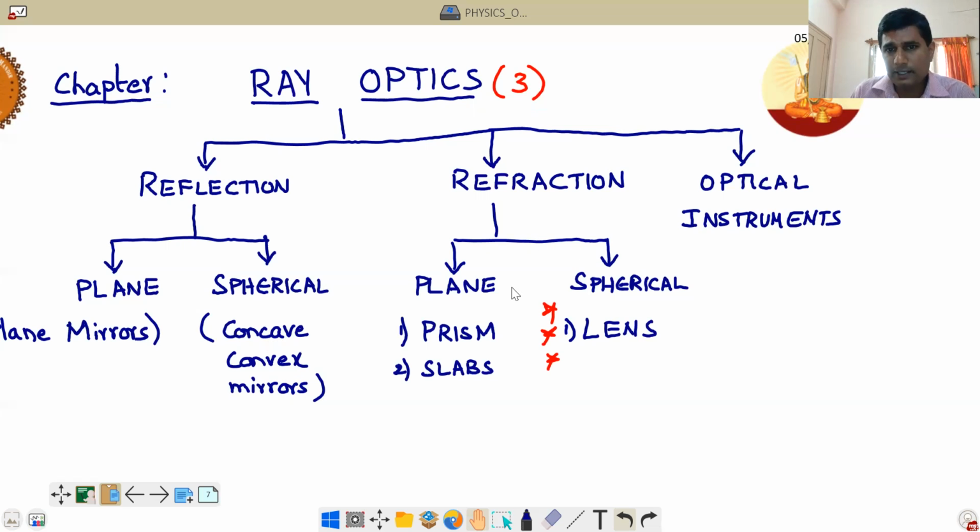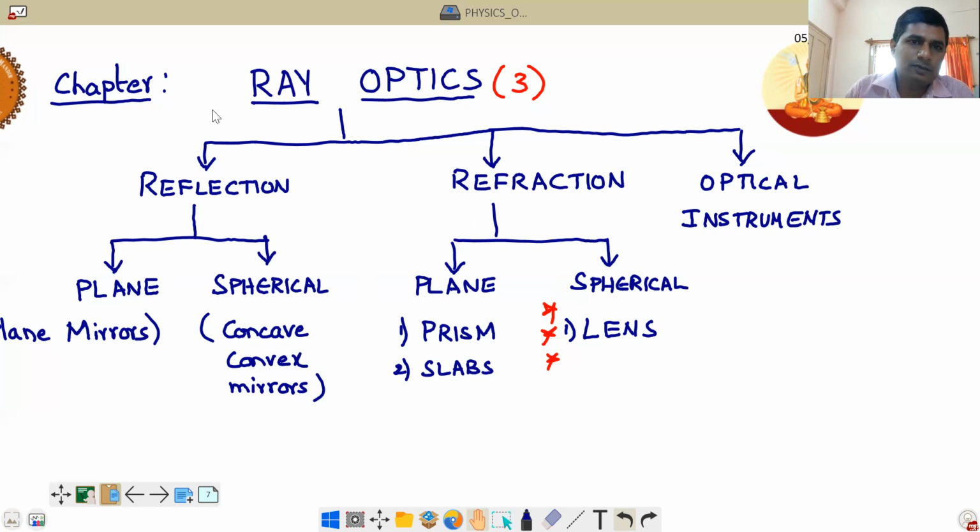Refraction at plane surface means studying refraction phenomena in prisms or slabs, and refraction at spherical surface means lenses. The last one is optical instruments, like simple microscope, compound microscope, astronomical telescope, and terrestrial telescope. So this is the overall view of this chapter. We'll go one by one: first plane mirrors, then spherical mirrors, then prisms and slabs, then lenses, and lastly optical instruments.